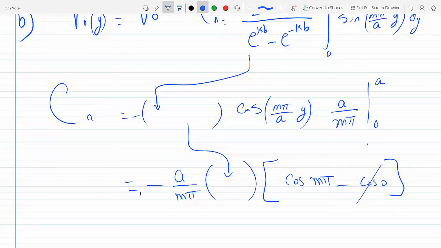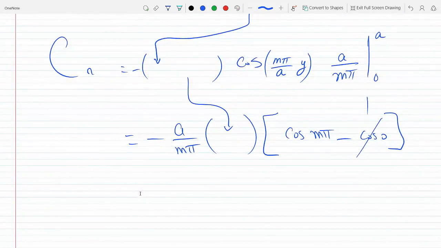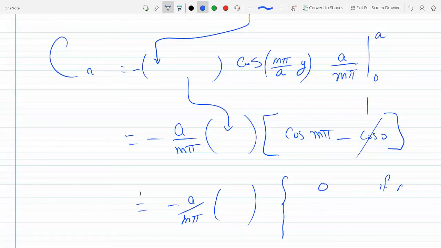This guy is 1, and the other depends on whether m is odd or even. If m is even, you get 1 minus 1, which is 0. So 0 if n is even, and if n is odd, you get minus 1 times that.